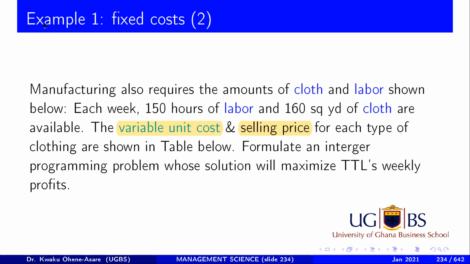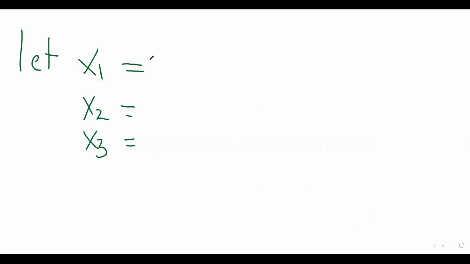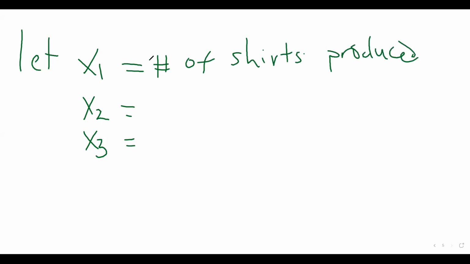So the way you are going to formulate the objective function here is going to be: X1 is the number of shirts produced. The number of shirts that are produced, and of course they are produced every week, so you remember that.